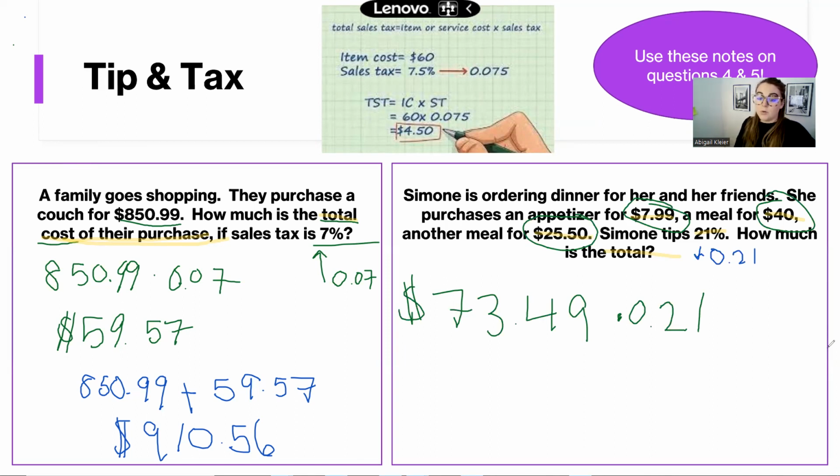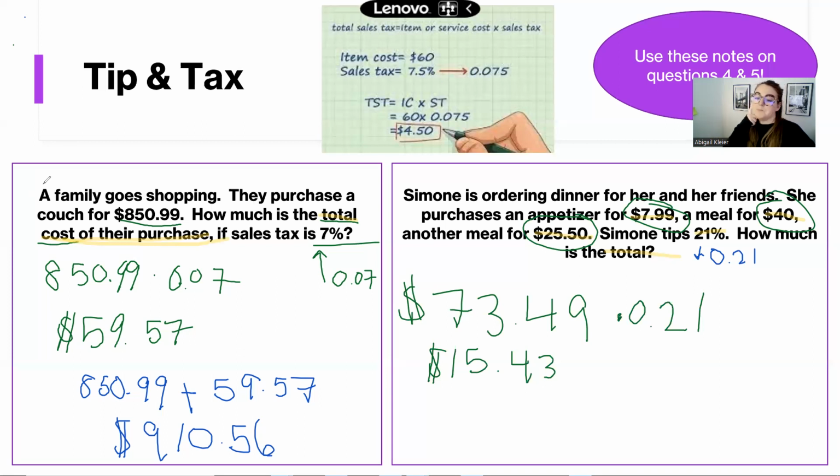So again, using my calculator, multiplying $73.49 times 0.21, and that gives me $15.43. So again, what does this mean? Well, $15.43 would be the amount of tip.